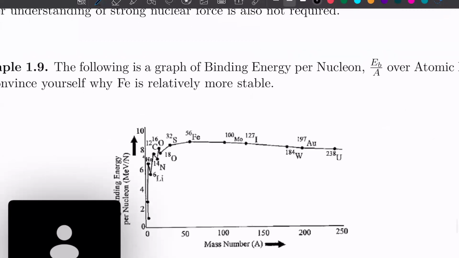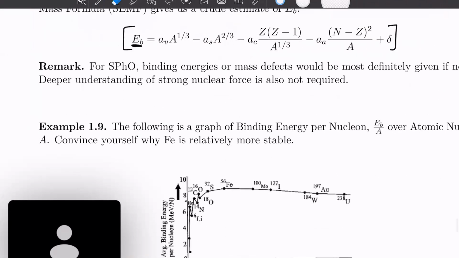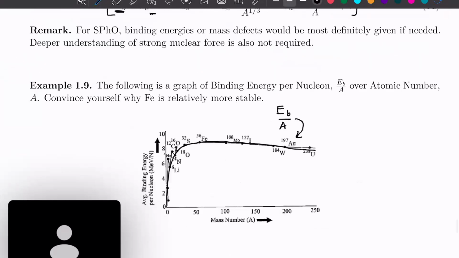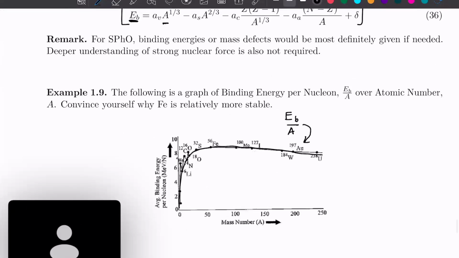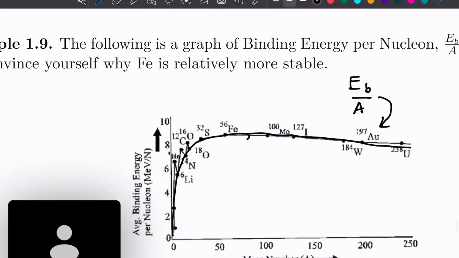If you plot this divided by A, which is the atomic mass, so it's EB over A, you'll get this graph, which basically shows the binding energy per number of nucleons. And the peak of this, there's a stationary point here, is about, I don't know, 56 to 60, I guess.